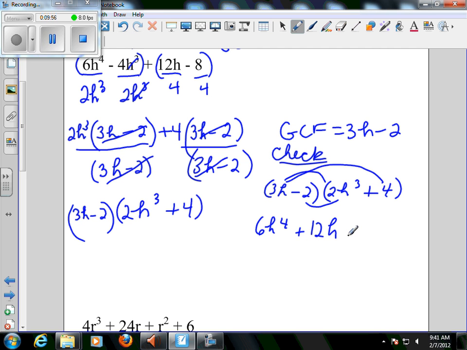Negative 2 times 2h cubed gives you negative 4h cubed. And negative 2 times 4 gives you negative 8.